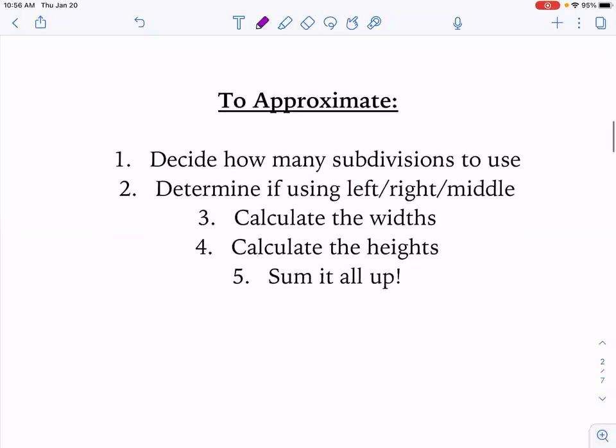So this is what we're going to do. We are going to have to decide how many subdivisions to use. And typically, you are just going to be given that number, and we're going to call that number n. When you see n in any of these calculations, we're talking about the number of rectangles we're going to use.